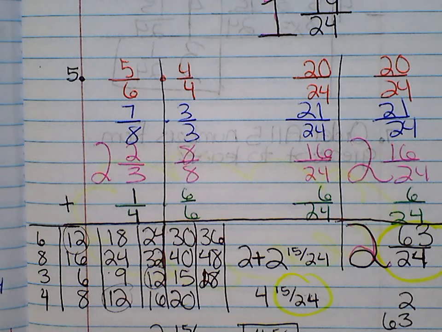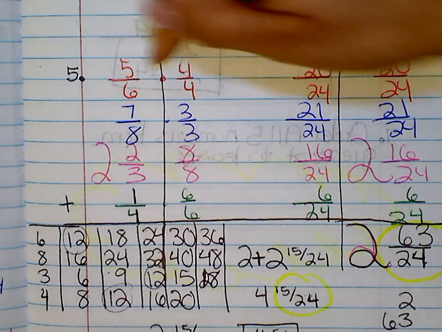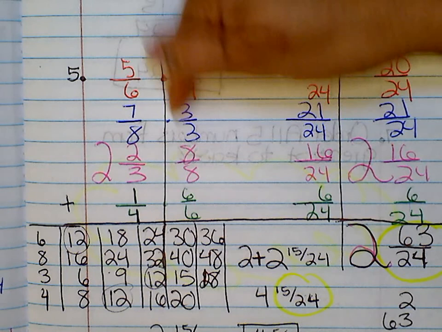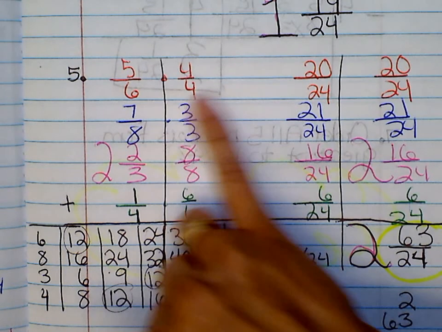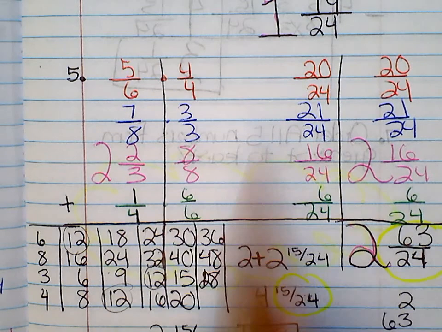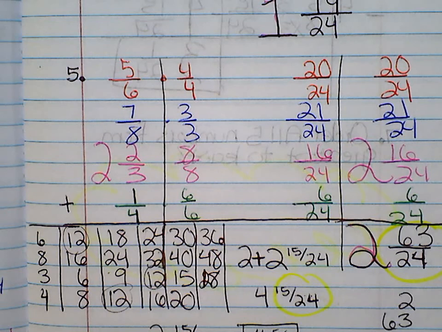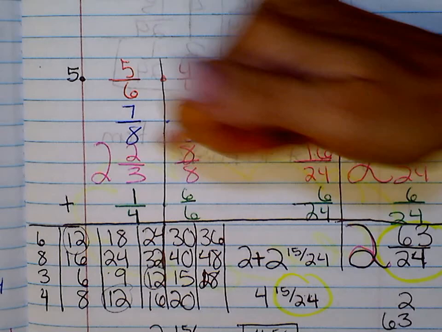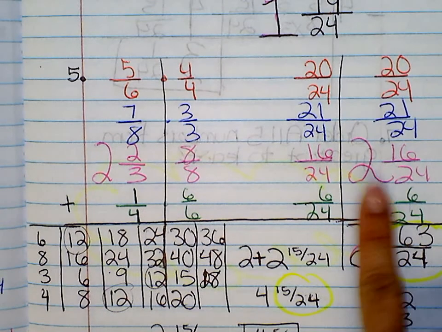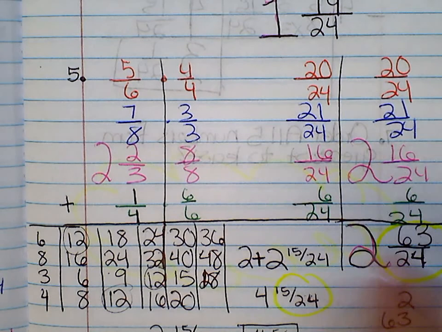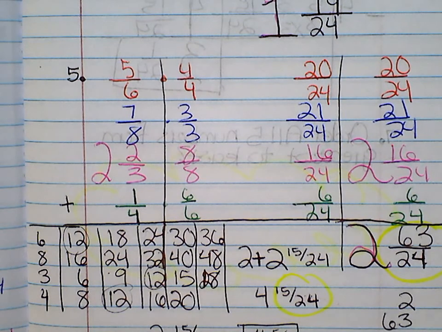So again, here we go, creating our equivalent fractions. Remember, if you do it to the bottom, you have to do it to the top. Fabulous. We do the same thing here, and we do the same thing here. We move this 2 over at first, right? Because we want to do what to our whole pieces? Save it for later.